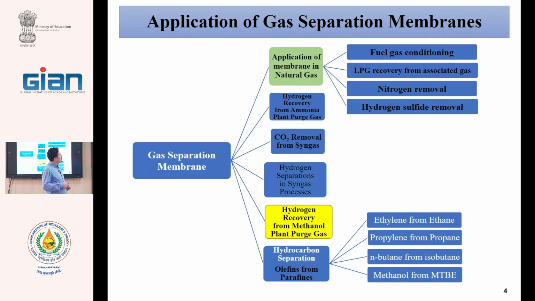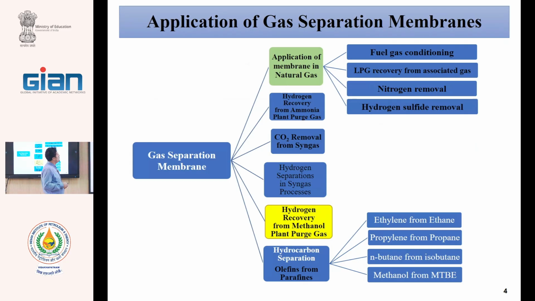Or nitrogen removal: the presence of nitrogen in methane reduces the efficiency and heat capacity of the gas. Nitrogen is neutral, and when we want to combust the gas, the energy is reduced if nitrogen is there. Therefore, nitrogen should be removed, and H2S removed.